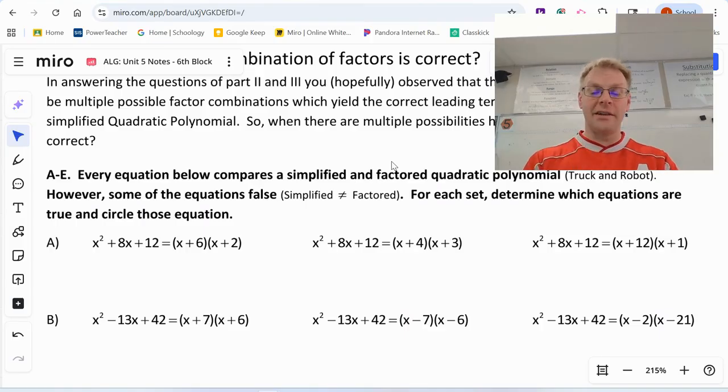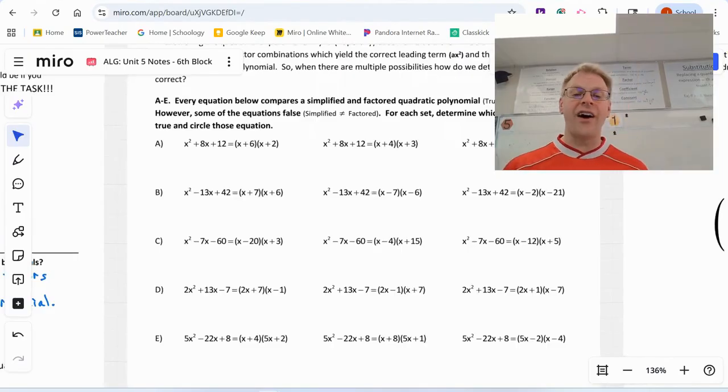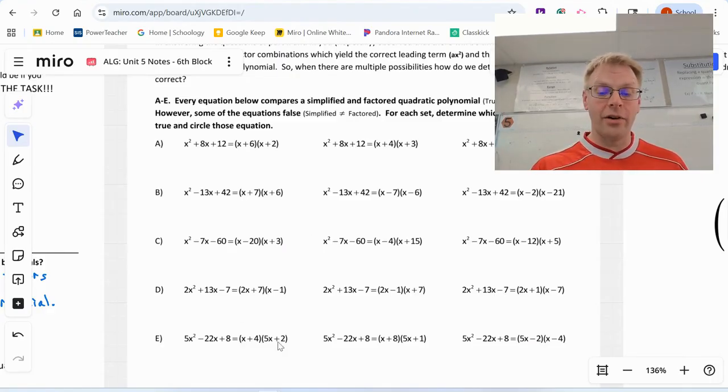So there must be another way for us to figure out which of these factored forms is the correct outcome for the simplified quadratic. And that's what I want you to do: go through each of these 5 lists. In each of these 5 lists, A, B, C, D, and E, one equation is correct and 2 are wrong. I just want you to investigate and figure out, in each of these 3 choices where the trinomial is the same every time, how you can figure out which factors are correct when, again, the variables times the variables give you the right leading term, right? 5x squared works out.